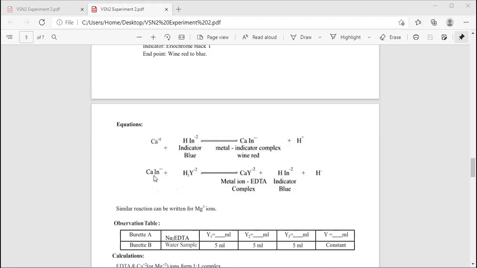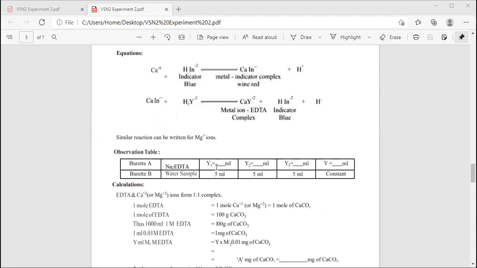EDTA being more reactive, it will take the place of the indicator, and the indicator is kicked out or recovered during the titration, and therefore the end point is wine red to sky blue. The complexes with EDTA are longer lived and colorless. But the indicator, when freshly prepared, is blue. So the end point is wine red to sky blue.